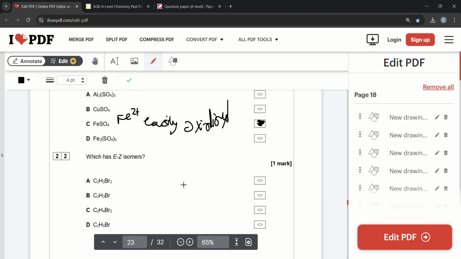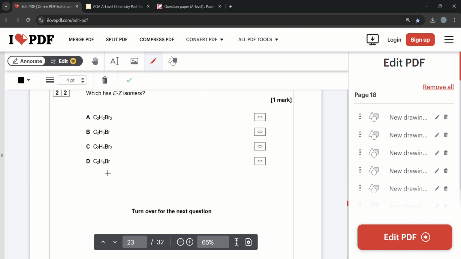Which has E/Z isomers? Let's draw them out. Let's do A. C=C, and you've got your H's, and you've got your bromines. Now, can this be an E/Z isomer?